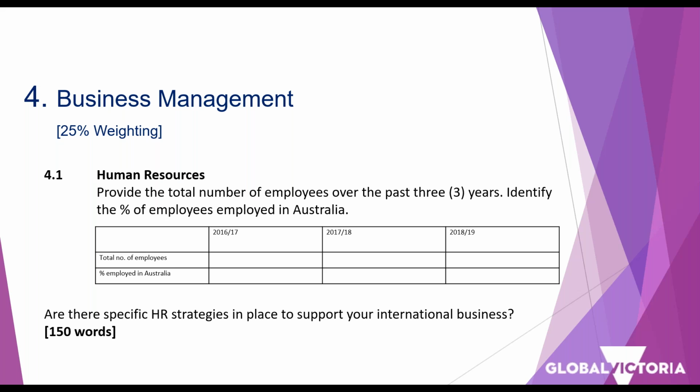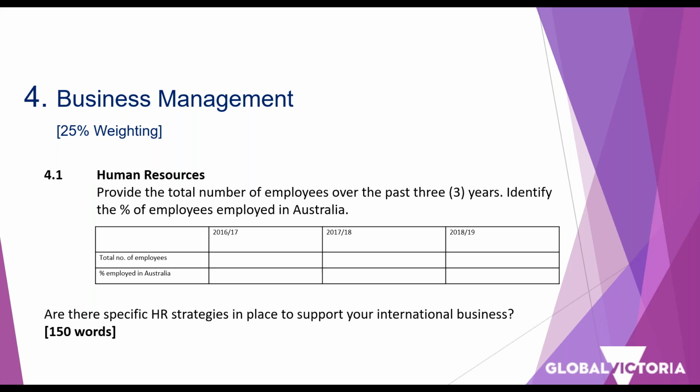Again, if you are a calendar year business, so 31 December is your financial year end, then you are going to be looking at 18, 17, and 16 as your years. Total number of employees, so every single person that you employ in your organization, irrespective of where they are based, and then the percentage of those people based in Australia.